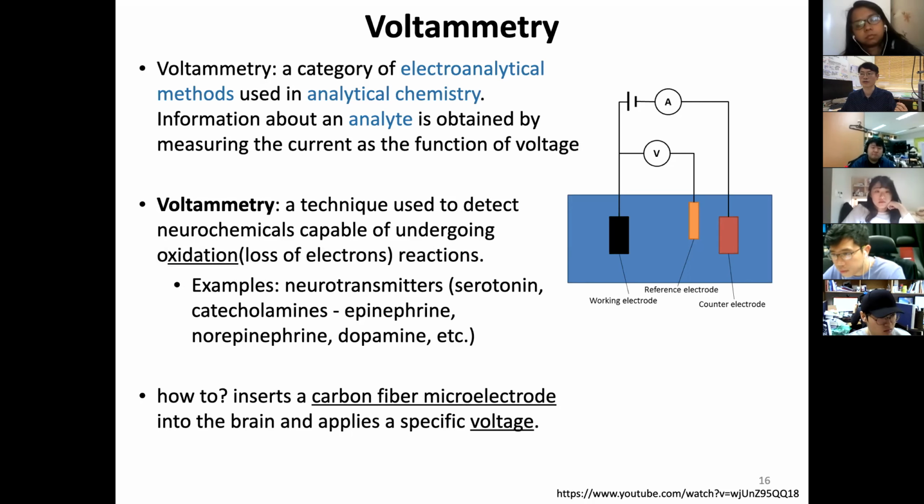So loss of electron is called oxidation. For example, neurotransmitters such as serotonin, catecholamines, epinephrine, norepinephrine, dopamine are some of the neurochemicals you can probe with voltammetry. You insert a carbon fiber microelectrode into the brain and apply a specific voltage.